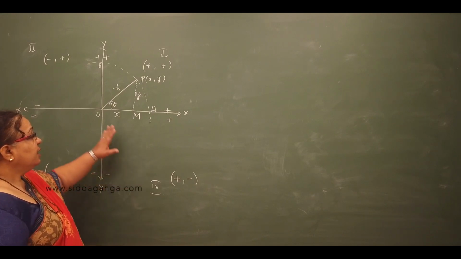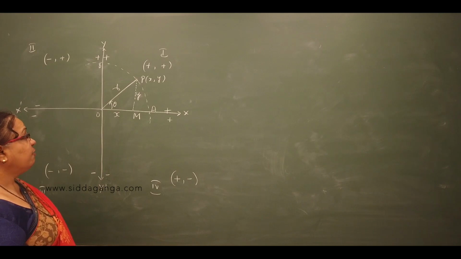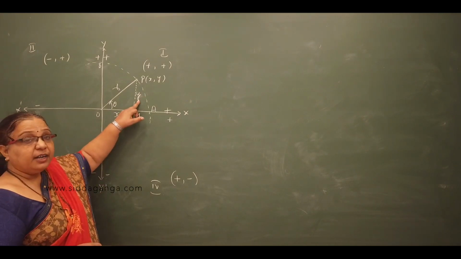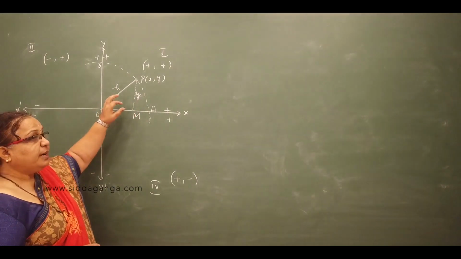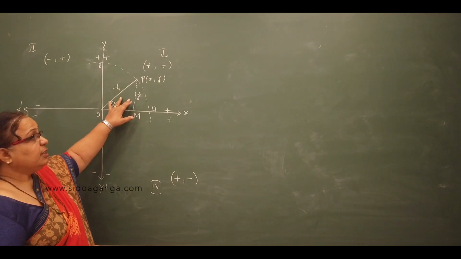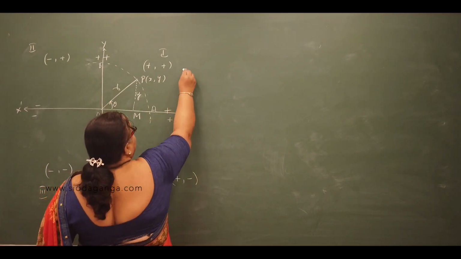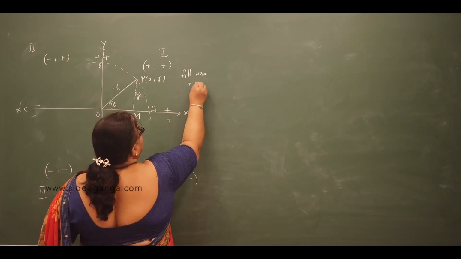Now using this concept, we know that in the first quadrant both x and y are positive, and hence all the 6 trigonometric ratios become positive in the first quadrant. In first quadrant, all are positive.